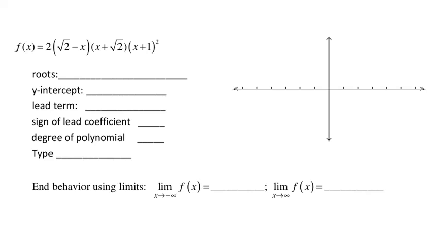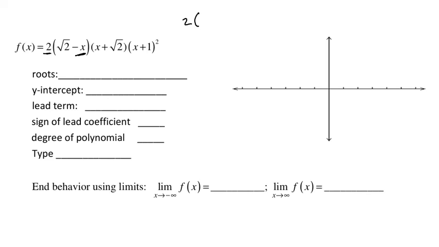The first thing that we want to do here is to find the leading coefficient. To find the leading coefficient, we should take the highest degree term from each factor. So this factor only has one term, so it'll be 2. Out of square root of 2 and -x, the highest degree is going to be x.